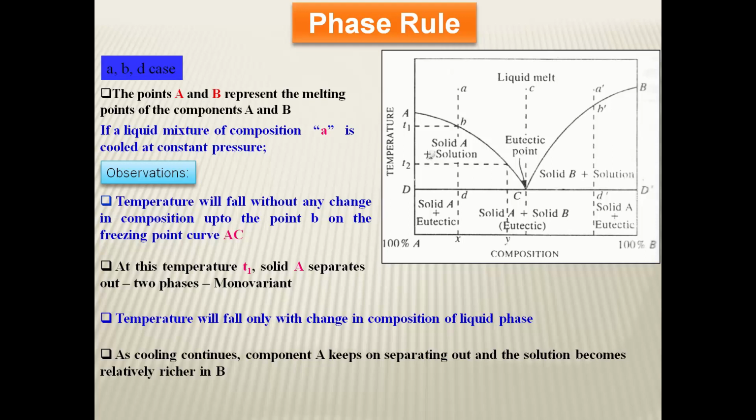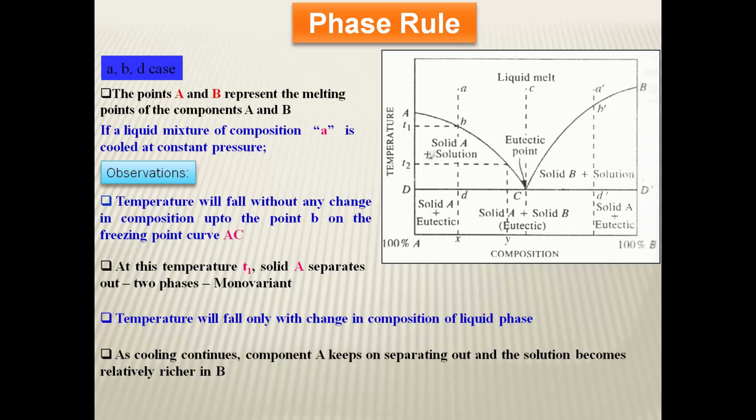For example, imagine that out of 80 gram of mixture, 20 gram of A was separated and 60 was the composition of A and B. But now more and more A is separating out, and hence the composition of the liquid phase will go on changing.